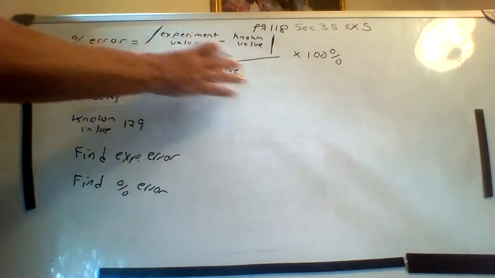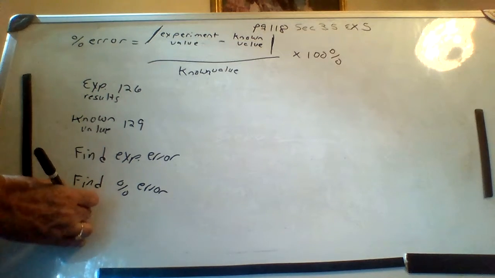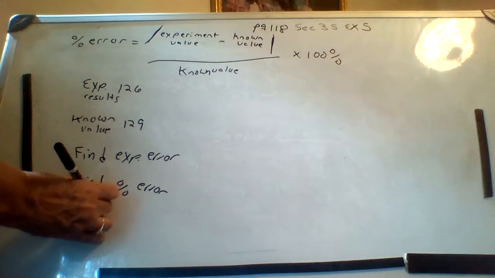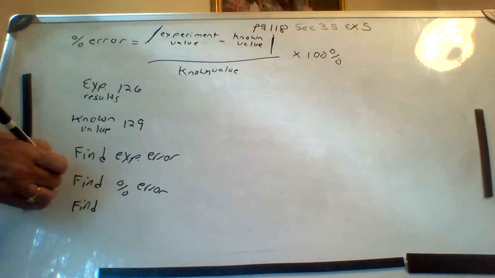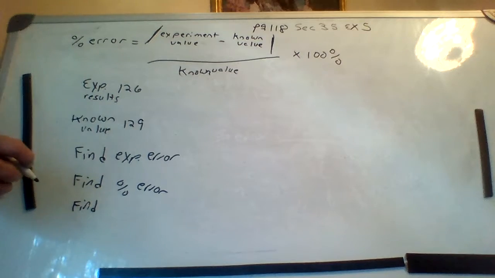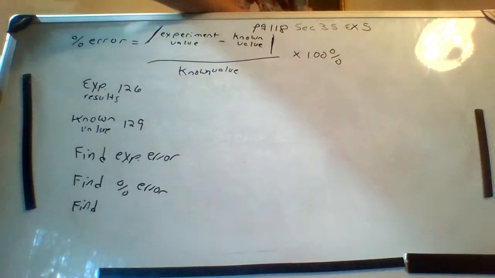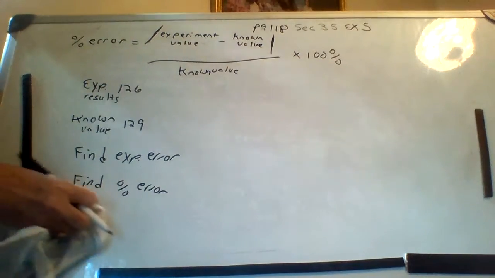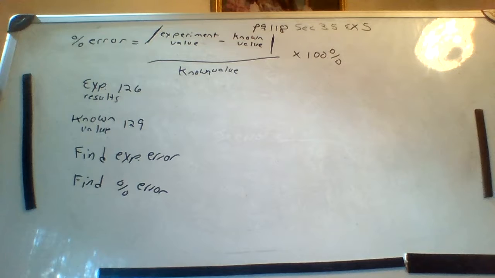That's using this formula. Oh no, that's all I want you to find. Let's just find those 2 things. Go ahead and pause. See if you can figure it out. Come back and tell me what you got.